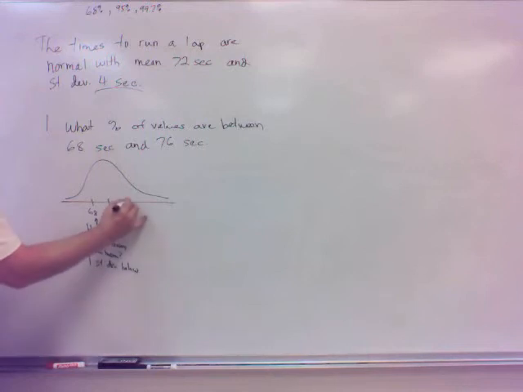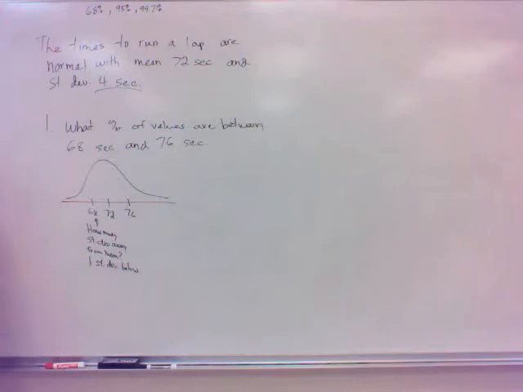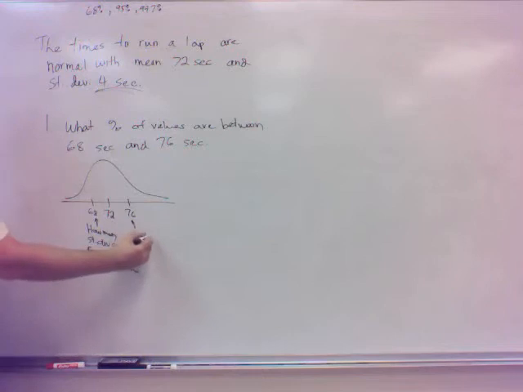All right, what about 76? Well, 76 is how many away? No, from the mean now. It's just 1, yeah. Standard deviation is 4, so it's 1 standard deviation away, 1 standard deviation above.